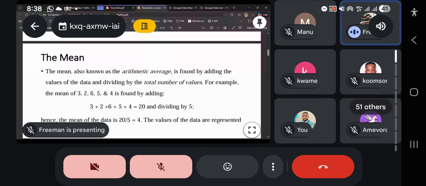We have different kinds of mean, but I'm not taking you there now. We have the geometric mean, the arithmetic mean, and the third one, I've forgotten the third one.